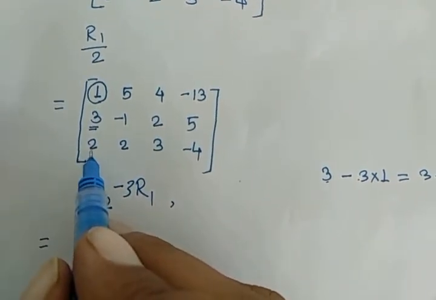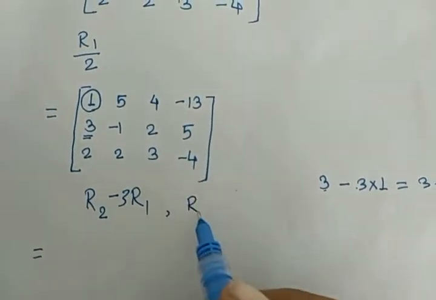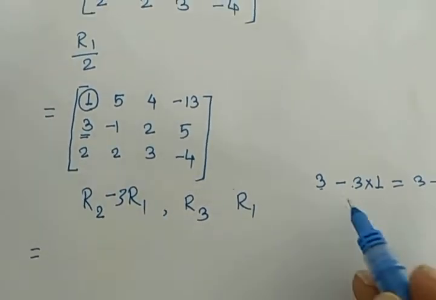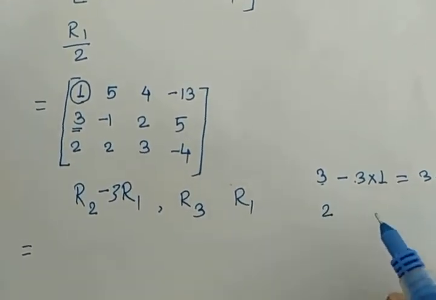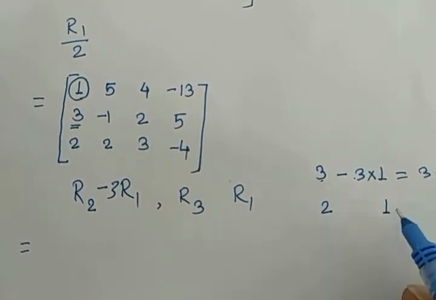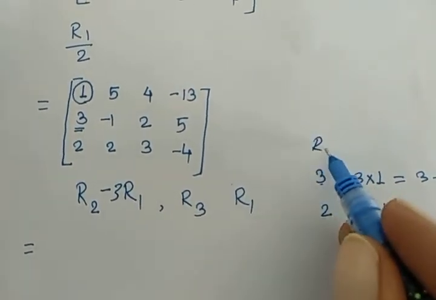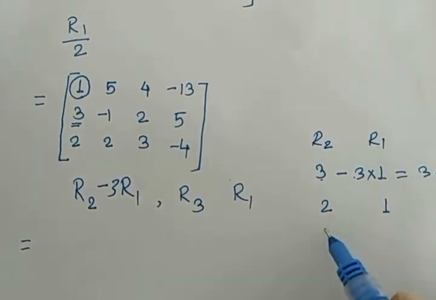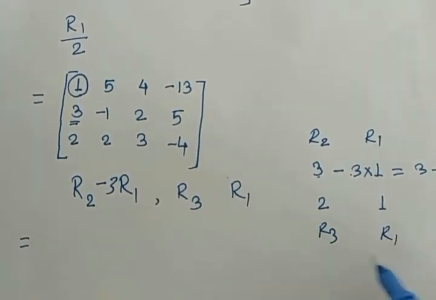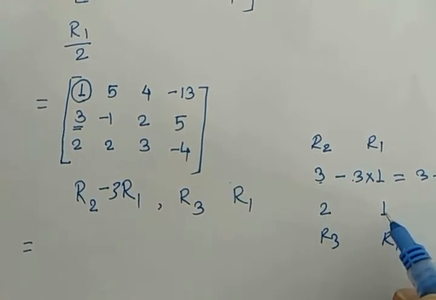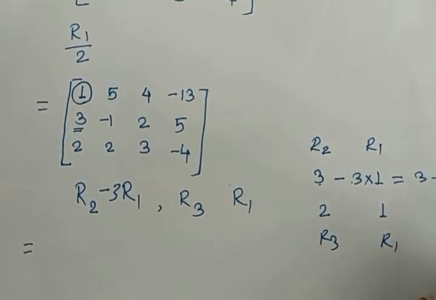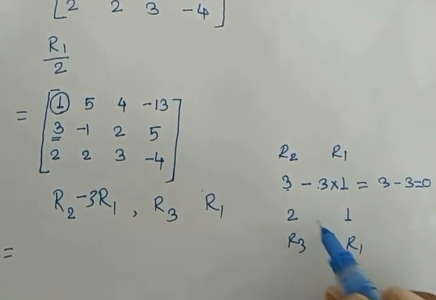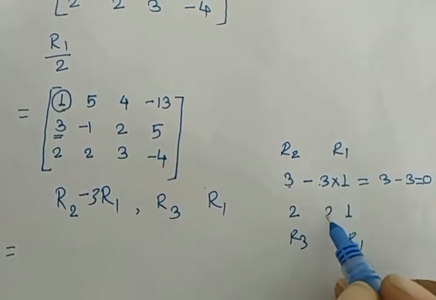Now to make A31 0, we have a row operation between R3 and R1. Same process, here R3 is 2 and R1 is 1. Now 2 minus 1 is 1. We have to make it 0, so we do it by multiplying R1 by 2.